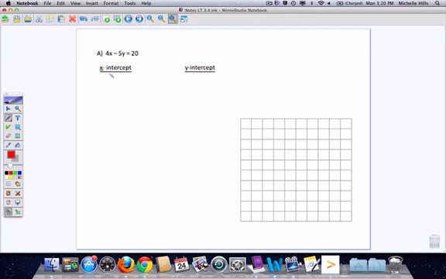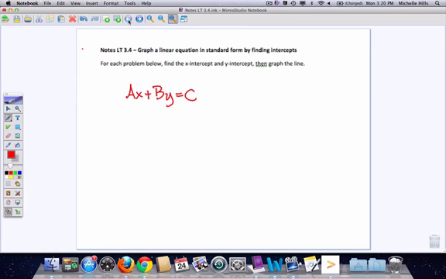Well, if you think about x-intercept, if x-intercept is where the line crosses the x-axis, I'm going to go back to this previous page. No matter where this line crosses the x-axis, if I think of points that are on the x-axis, and I'm just going to use points with integer values. So for x, 1, 2, 3, 4, 5 are my x values, -1.